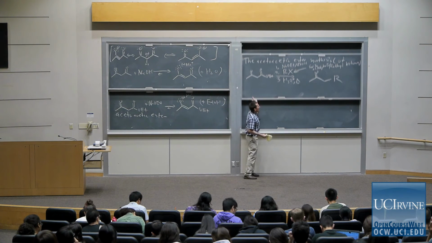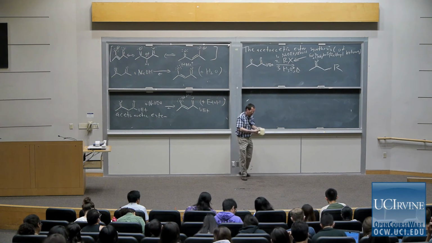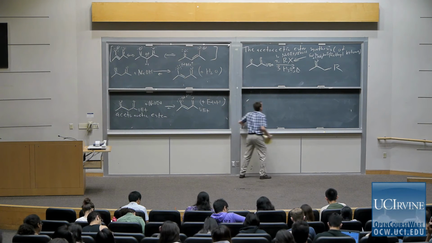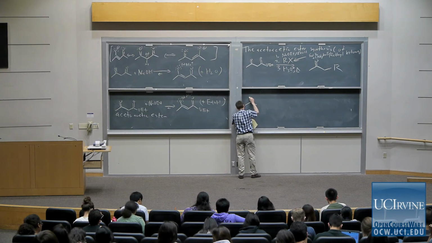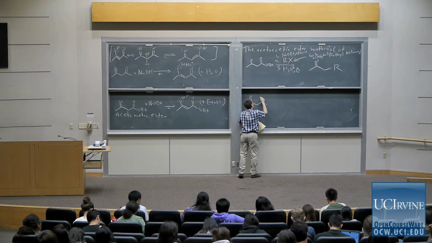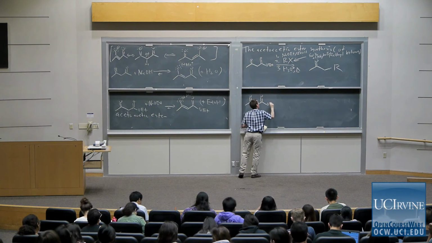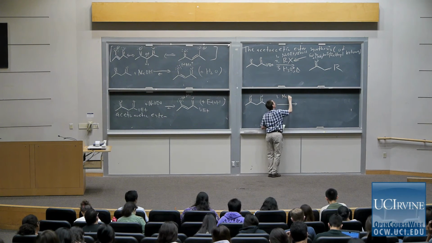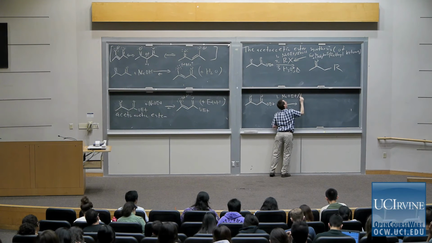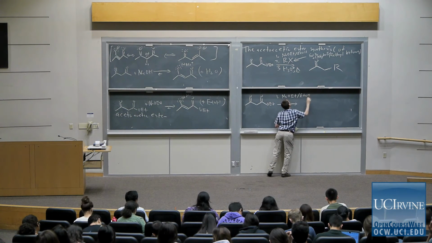This sounds kind of abstract, so I want to give us a concrete example, and then we'll walk through how it occurs. All right. So let's say we take ethyl acetoacetate, we treat it with sodium ethoxide in ethanol.